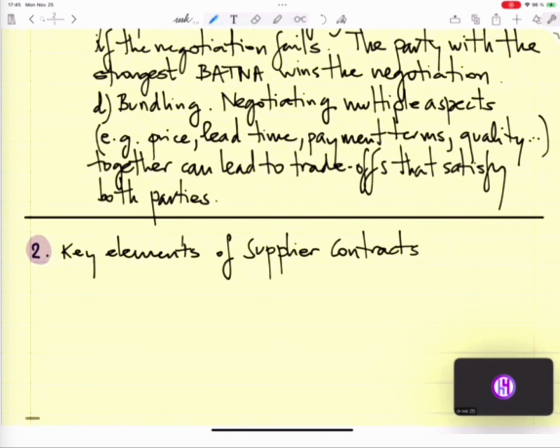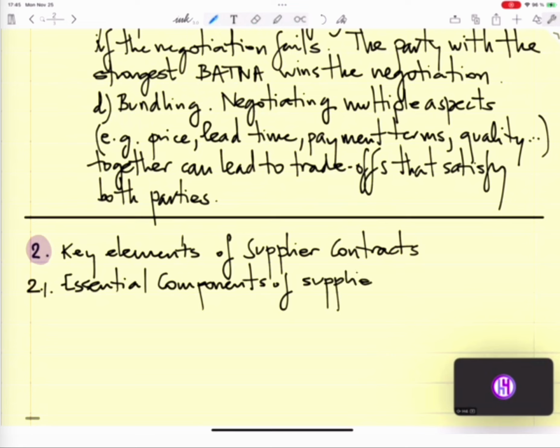The first, 2.1, is essential components of supplier contracts. They should include the following elements.